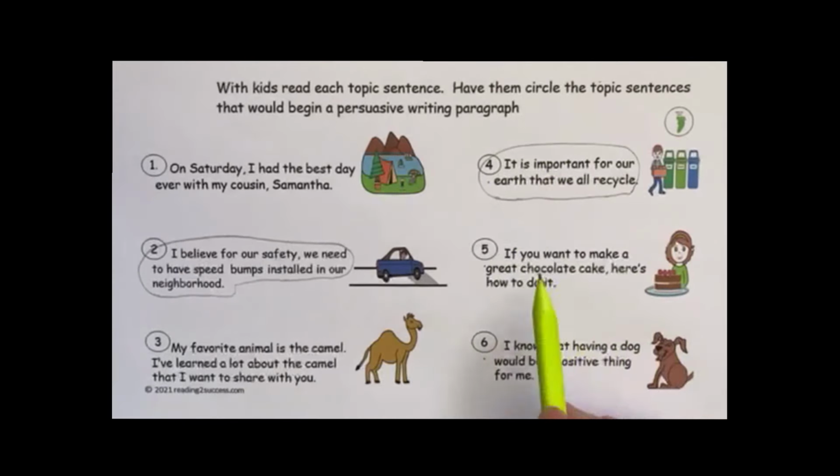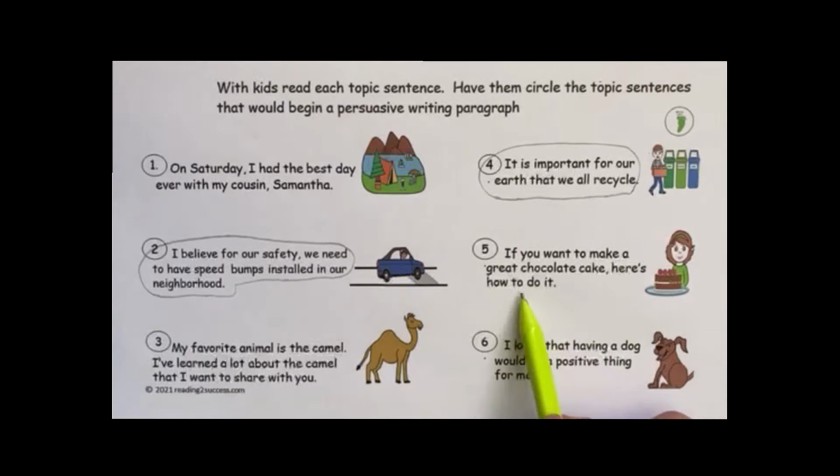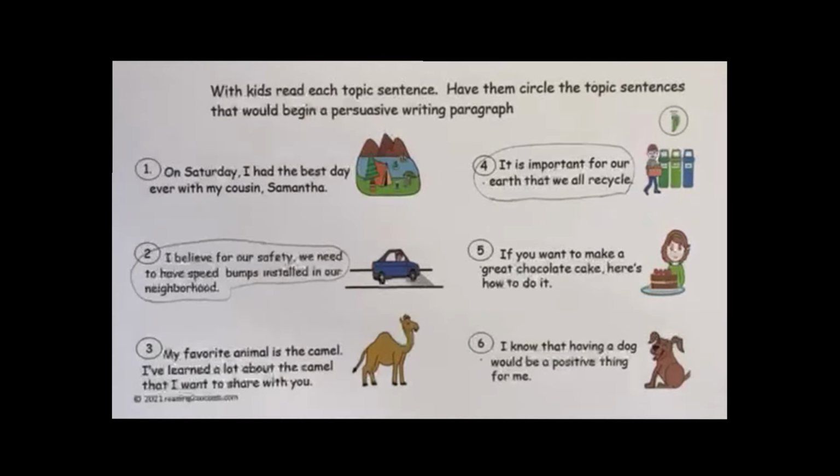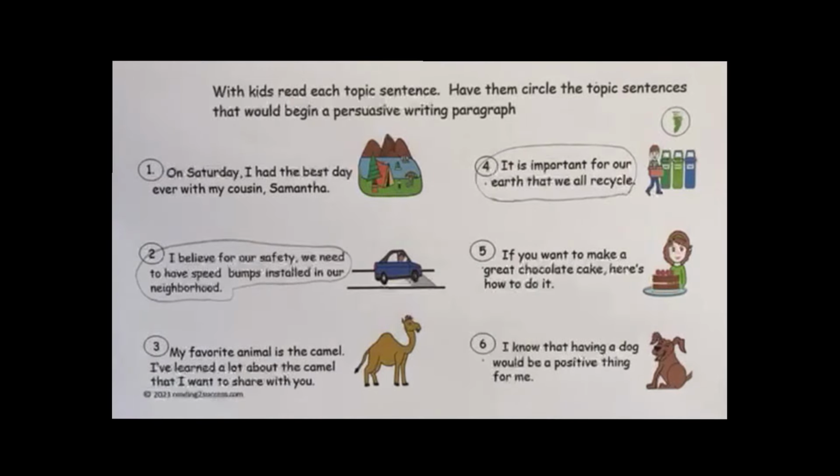Let's go to this one. If you want to make a great chocolate cake, here's how to do it. Is the writer trying to convince us of anything? No, but they will help us with the directions on how to make a chocolate cake, but we will not circle this one. And number 6, I know that having a dog would be a positive thing for me.